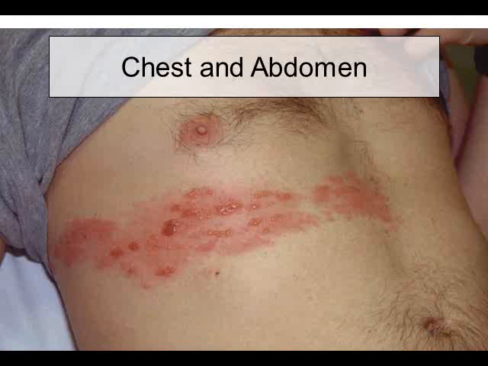Just real quickly to point this out, if you've never seen the condition that's pictured here, this is an example of a patient with shingles. You may have heard of shingles before. It's the herpes virus. But what shingles does is it attacks and affects a nerve tract. And there's something called a dermatome.